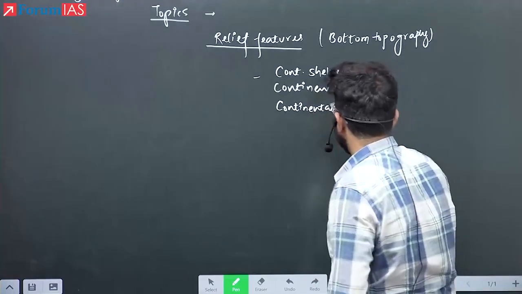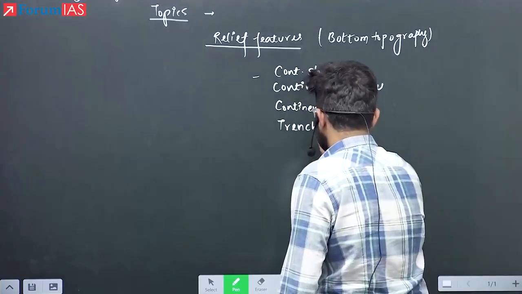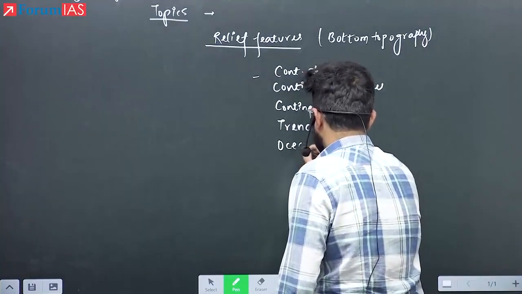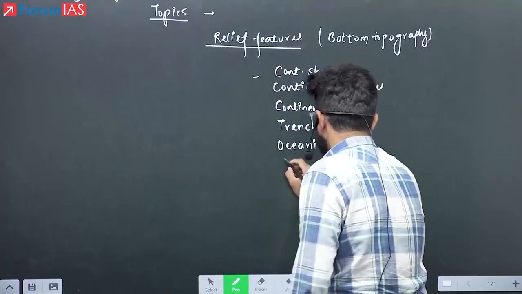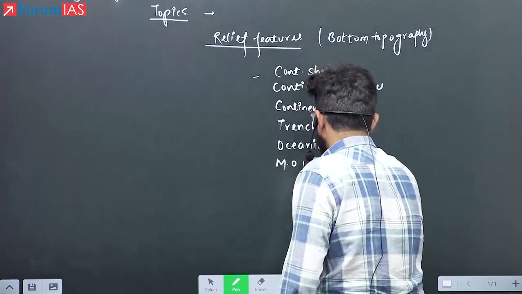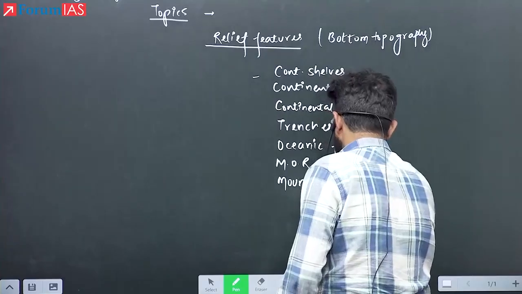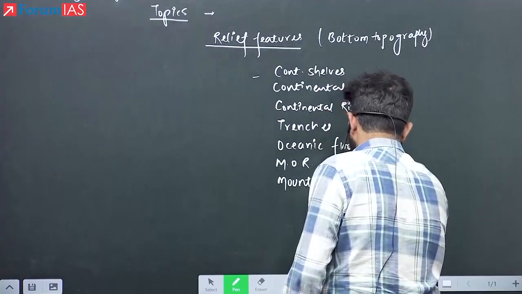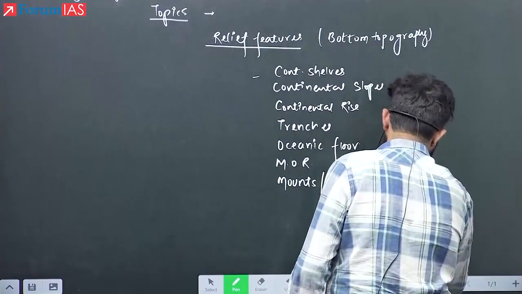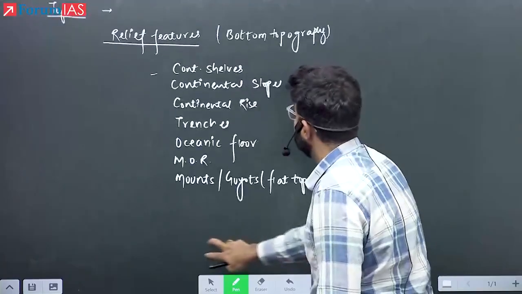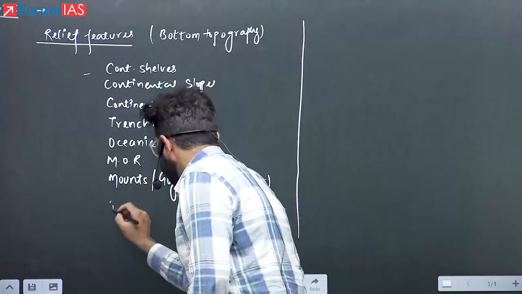Continental shelves, continental slopes, continental rise, then trenches, oceanic floor, MORs, mounds and guyots, and islands.